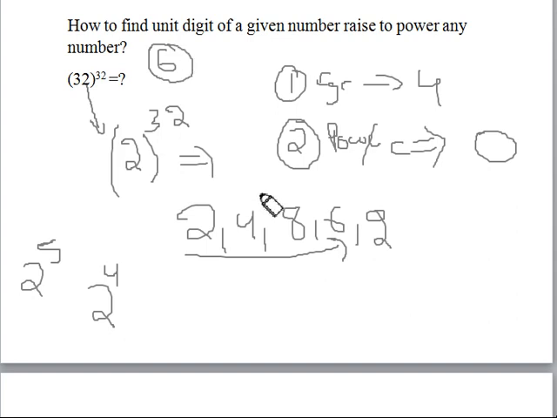2 raised to power 32: if I check the power, 32 divided by the cyclicity of 2, which is 4, gives remainder 0. We have to find the remainder. If the remainder is 0, that means the cycle is completed, so we take the last digit of the cycle.